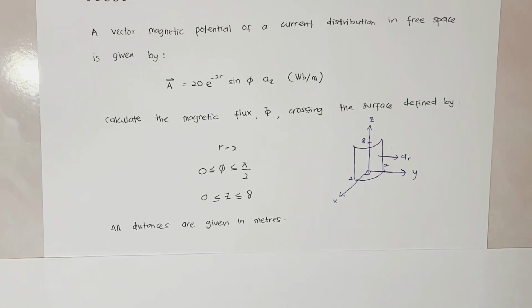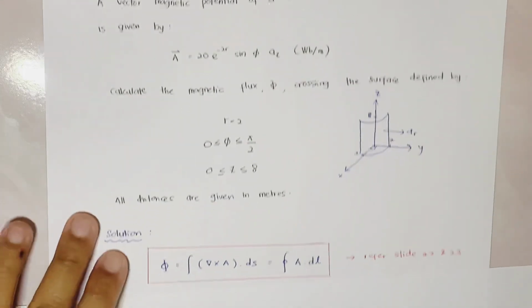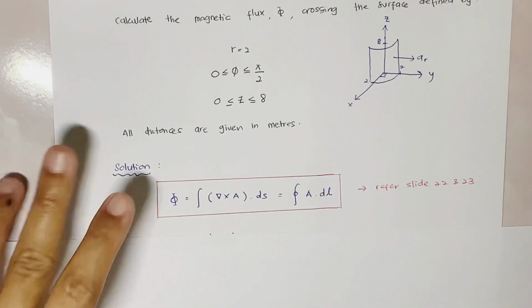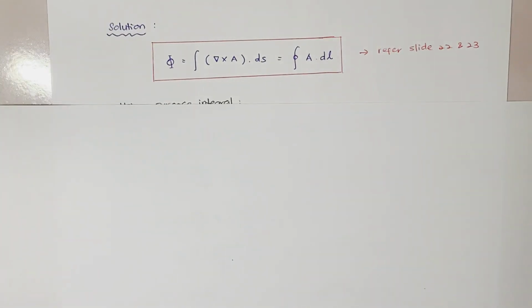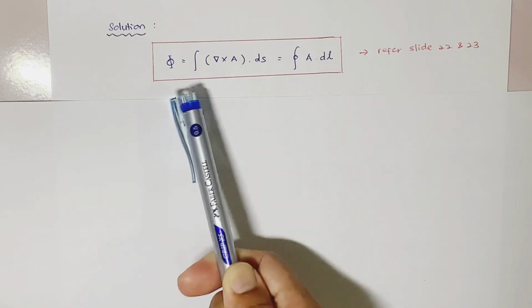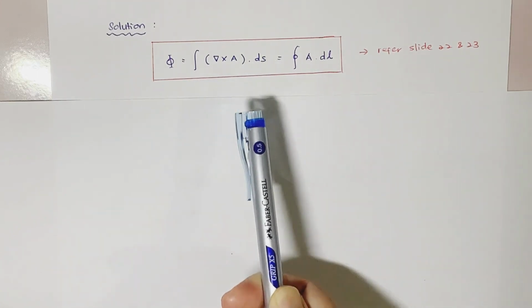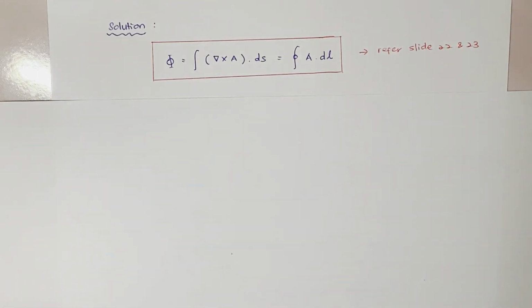Okay. So the question asks you to calculate the magnetic flux crossing the surface. Okay, first you can refer to slide number 22 and 23. This is the equation that I got from slide 22. You can choose whether you want to use this or the differential surface or the differential length to find the magnetic flux.